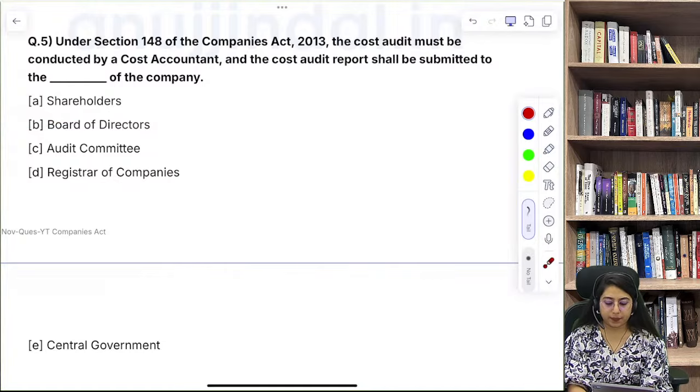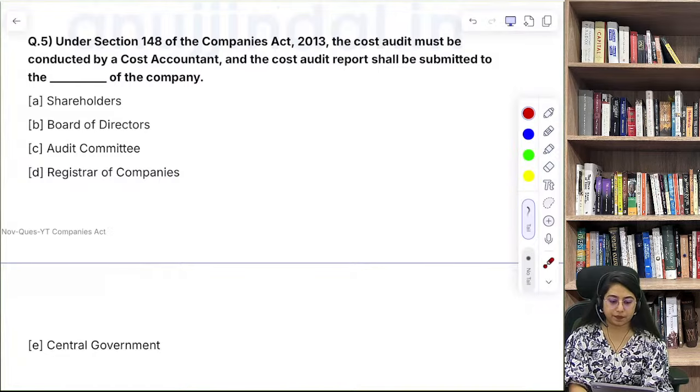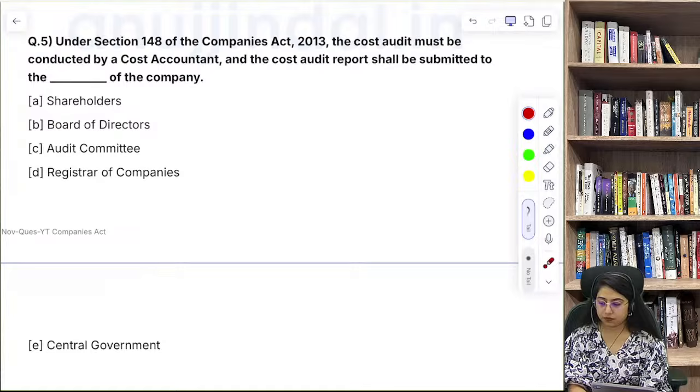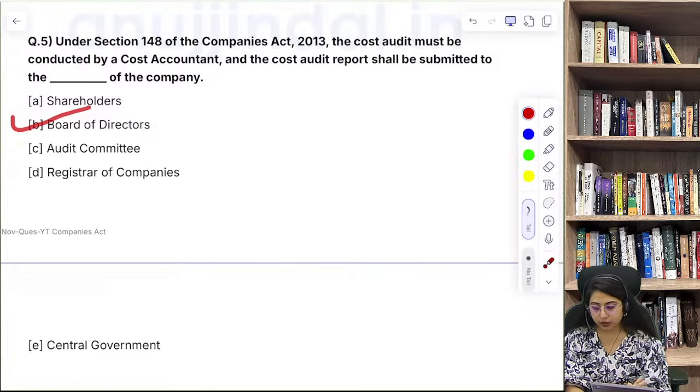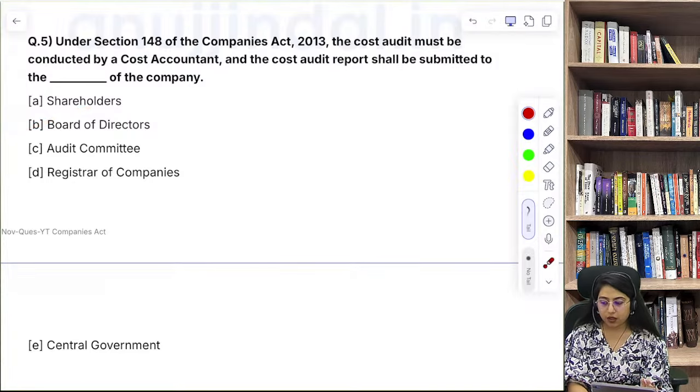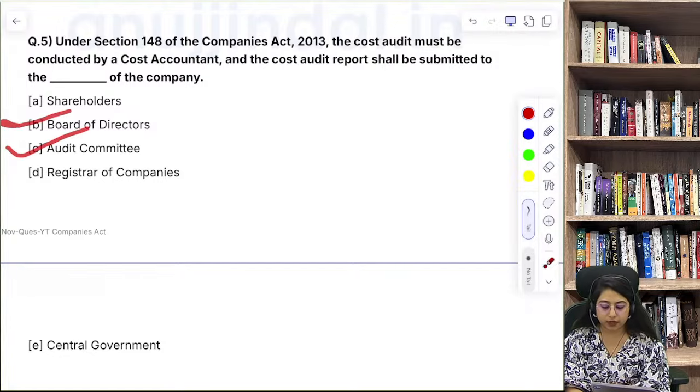Absolutely correct, B. The cost audit report is submitted to the board of directors of the company only. After that, it goes to the central government within 30 days with explanations as per Section 148(5). So the correct answer here is board of directors only.